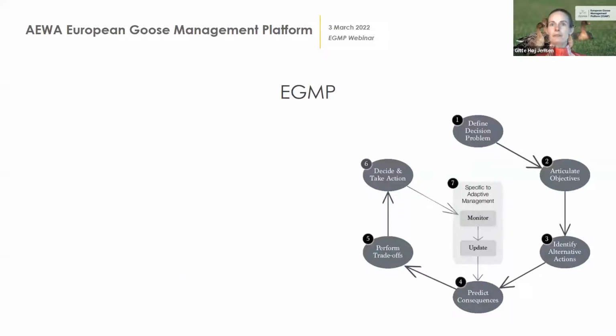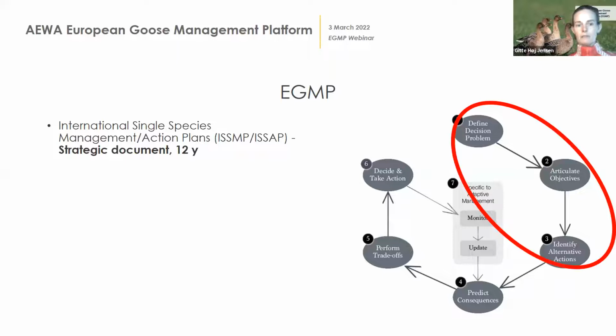So going back to the overall framework and how it fits into the EGMP, because our documents that we produce each year actually reflect it quite well, I think. First of all, we have the International Single Species Management or Action Plans. I see them as our more strategic documents, which are updated only every 12 years.